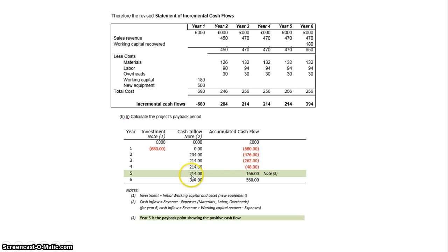Minus 48 plus 214 will give you 166, and that's the year where, for the first time after you have made the investment, you have a positive accumulated cash flow, and this is why in year 5 you reach the payback point.